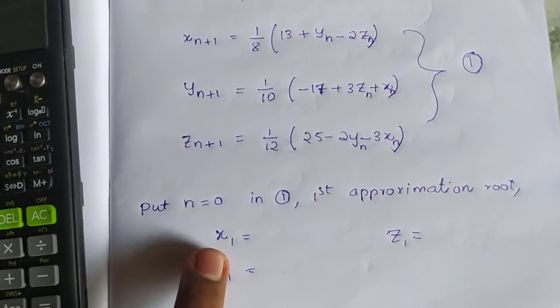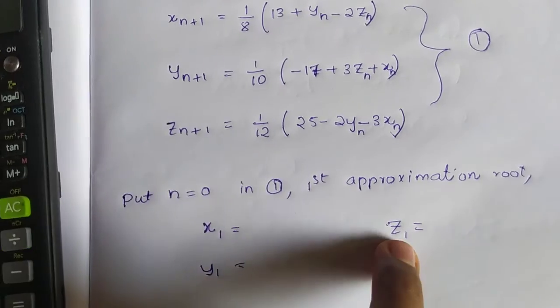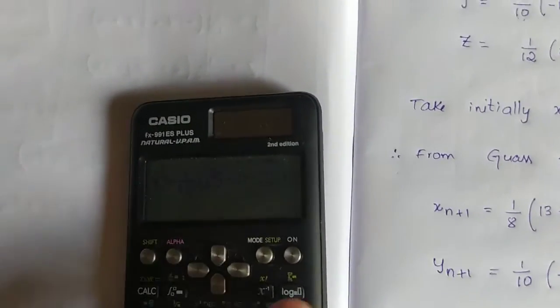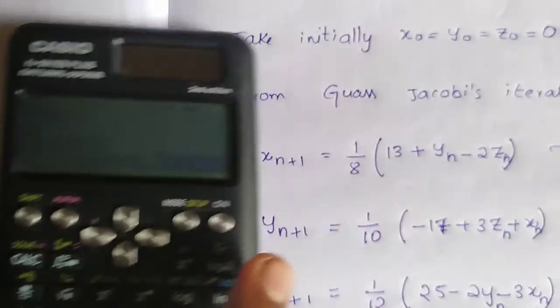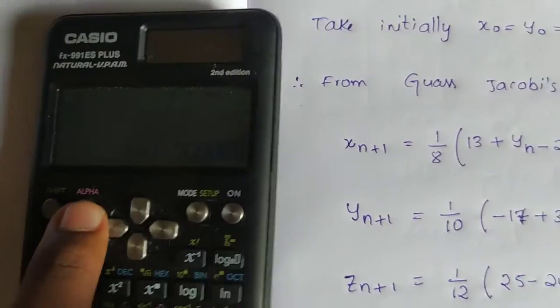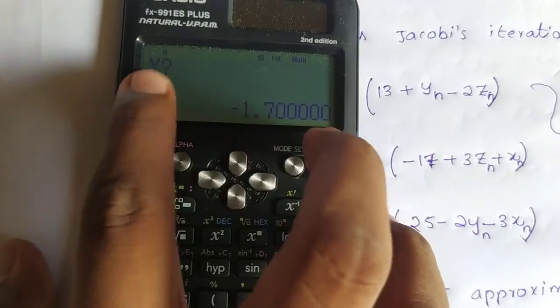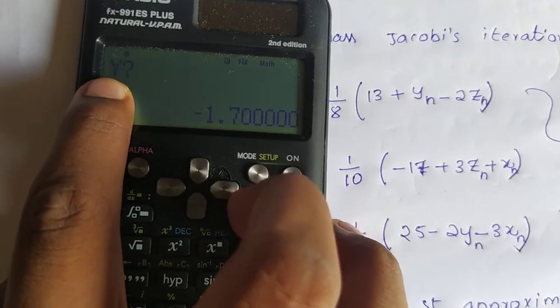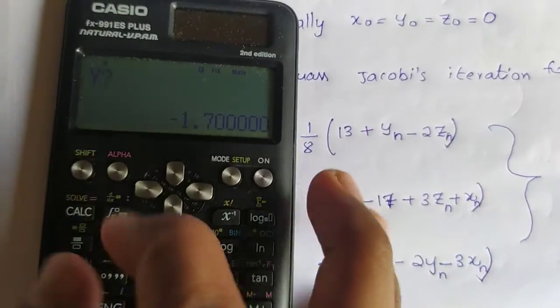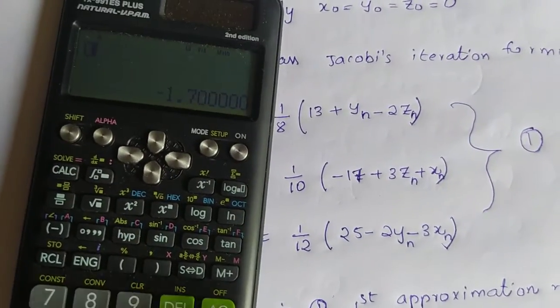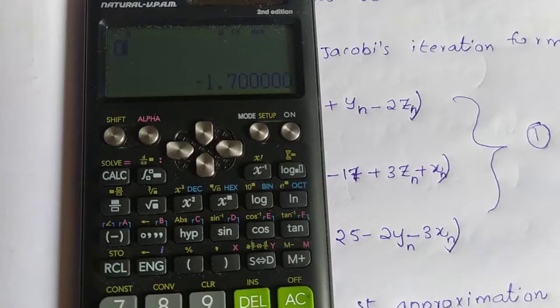Now as we want x1, y1 and z1 values, we substitute x0, y0 and z0 values in these expressions. As we want y1, we should type the value of y0, which is 0.